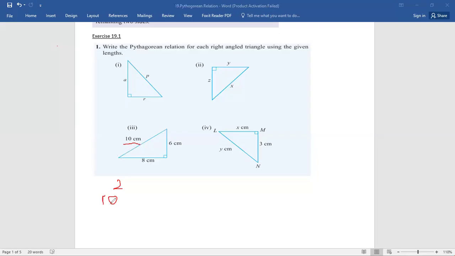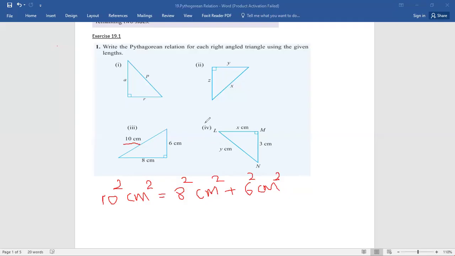You have to get the square of 10 centimeters, 10 to the power 2 centimeters to the power 2 equals 8 cm plus 6 cm. That means you need to get the square of these two as well. So this is how we are going to write down the Pythagorean relationship for the third one, right?